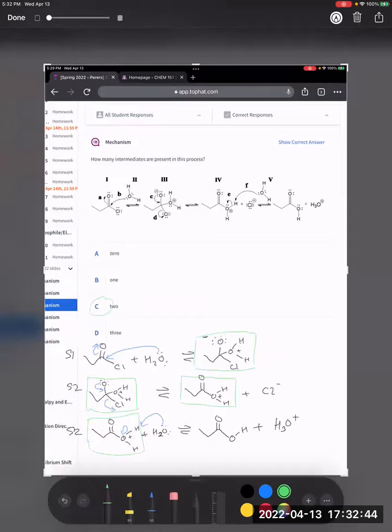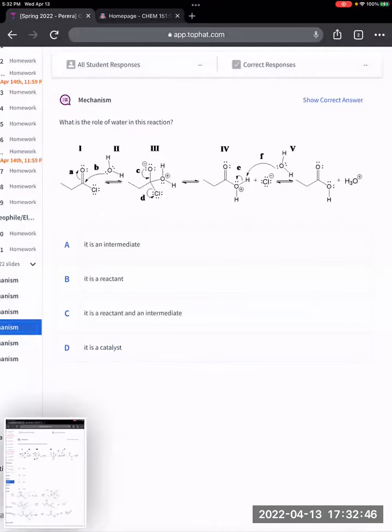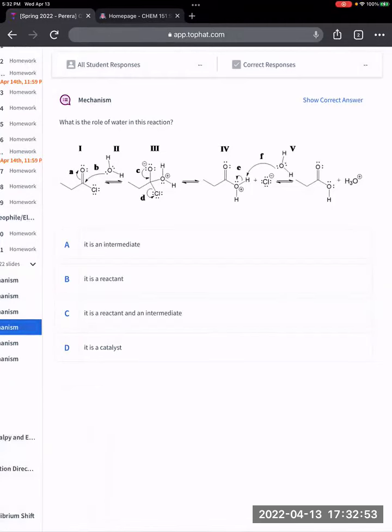Okay. Now let's move on to the next question. What is the role of water in this reaction? Okay, so we saw that water ended up on the reactant side. Since water ended up on the reactant side, water must be a reactant.